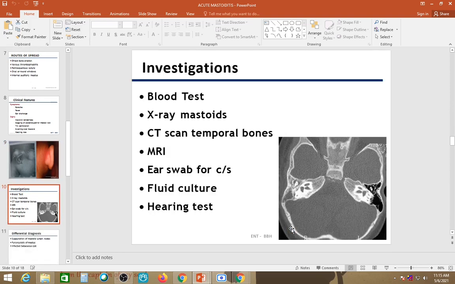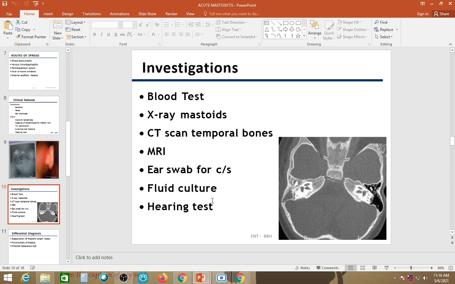The next is investigation. What investigation protocol can be done for patients suffering from mastoiditis? First is the blood test. We want to see the erythrocyte level, then the X-ray of the mastoid, to see how much it is affected. You can see in this X-ray how it has affected the bone.